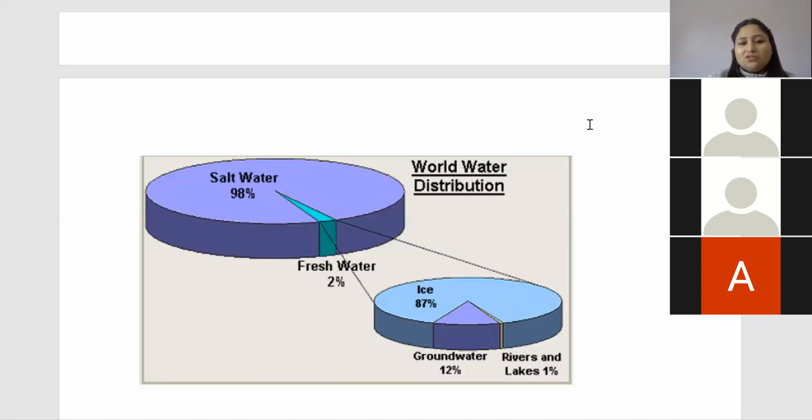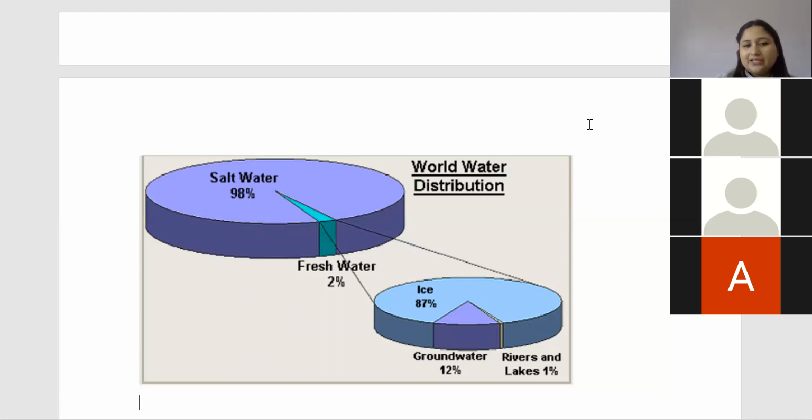Okay, here it says world water distribution. These are the two pie charts. And as we did in the last class for the describe image, the smallest share, the fresh water, where it comes from, they have told about the sources there, which is ice being the highest one, groundwater second highest, and the lakes and rivers the least one, right?